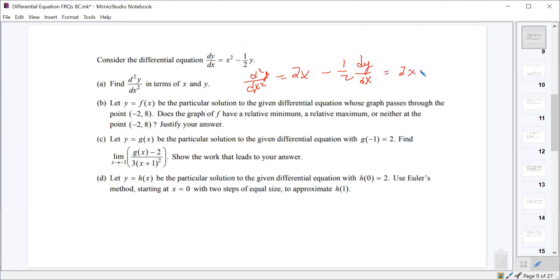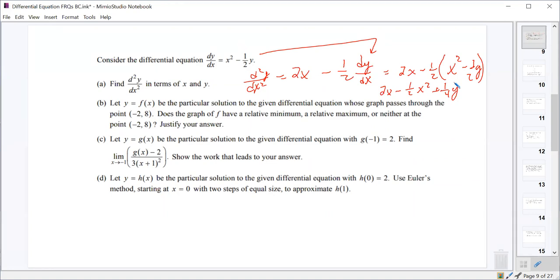You need to do 2x minus 1/2 of (x squared minus 1/2 y). You need to resubstitute your dy/dx in there. And it'd be nice to get 2x minus 1/2 x squared plus 1/4 y even, but you don't have to simplify it.